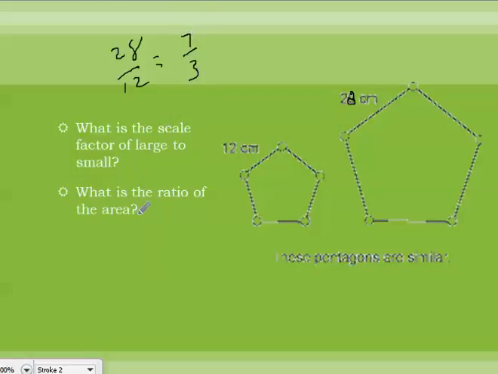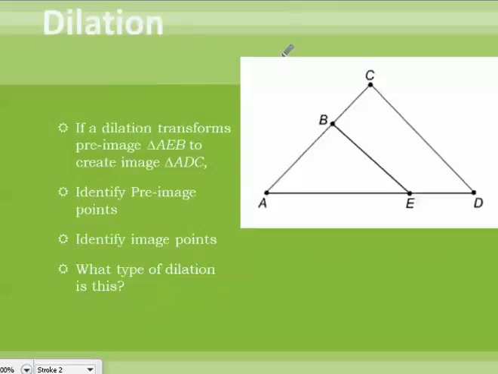And they're wanting to know the ratio of the area. Remember, ratio of the area is going to be the scale factor squared. So I'm going to take 7 over 3 squared, which is going to be 49 over 9. That's how you find the scale factor.